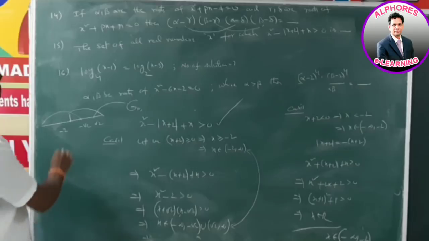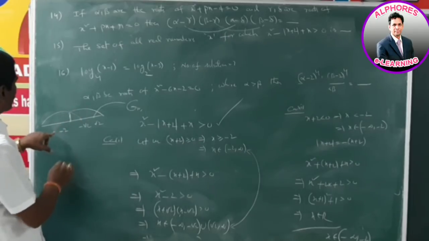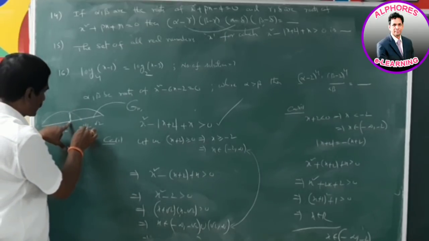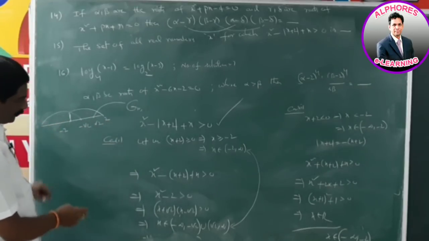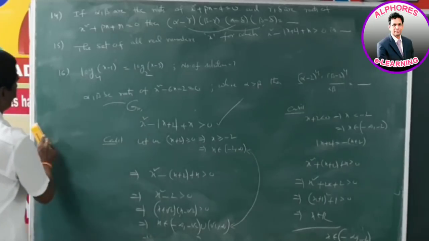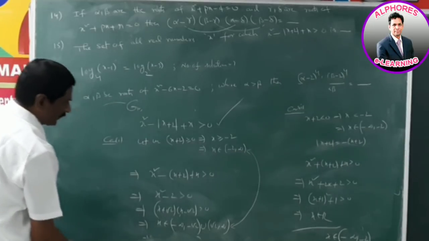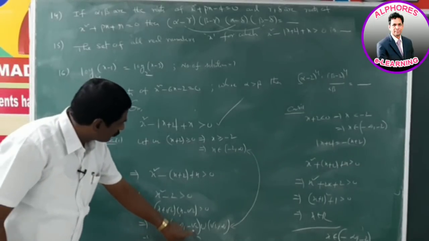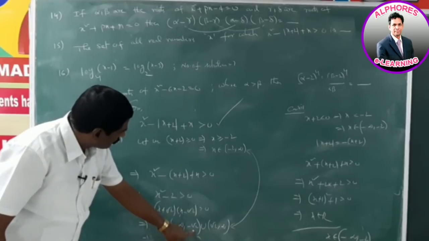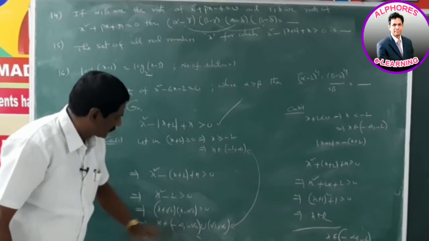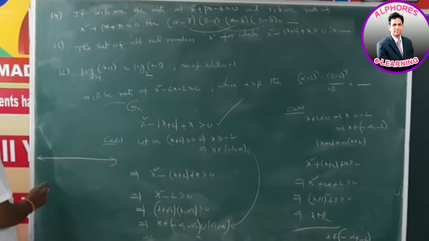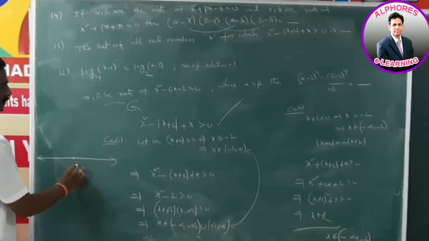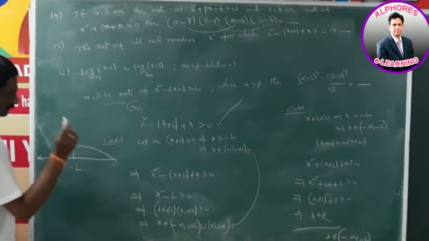The common values of these are minus 2 to minus root 2 union root 2 to infinity.